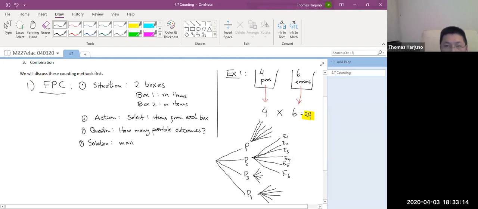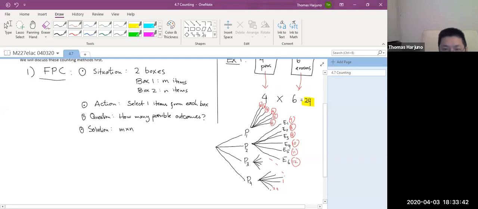So in total, I have 1, 2, 3, 4, 5, 6, 7, 8, 9, 10, 11, 12, so on and so forth. And the final one is 24, option number 24. Okay, now that's the basic idea.